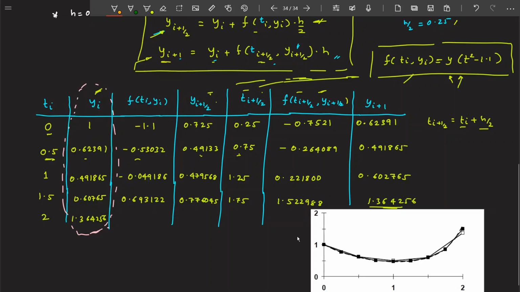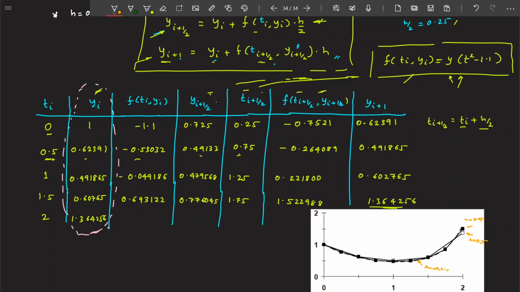If you see the dotted line which is underneath this, you cannot see it, that is your analytical value, and the hollow rectangle is your h is equal to 0.5, and the solid, filled rectangle is 0.25. So you can see how well it matches the analytical value.